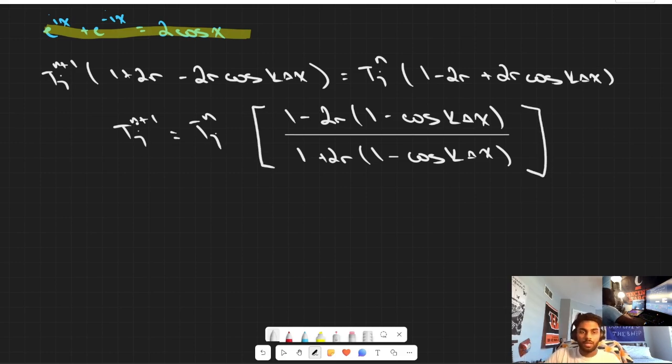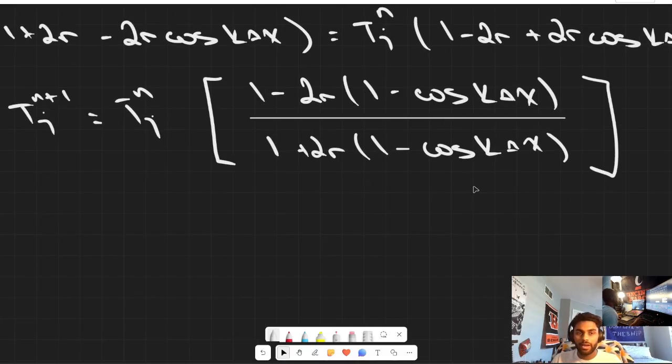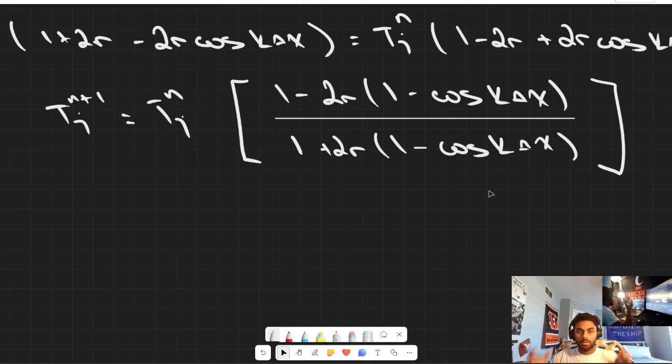Here we go. Now, this kind of proves why our R value isn't bounded by any number, like how previously we had R bounded to 0.5. The reason for that is, let's take a look at this cosine here.